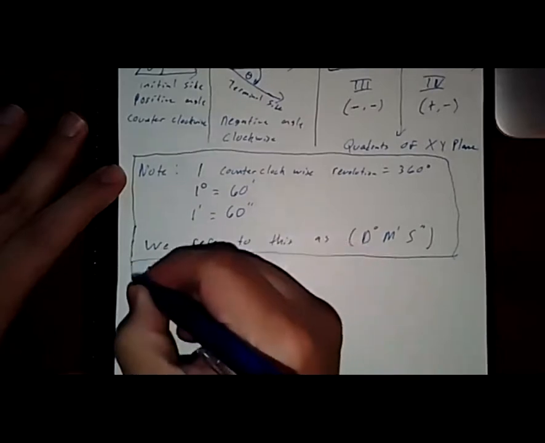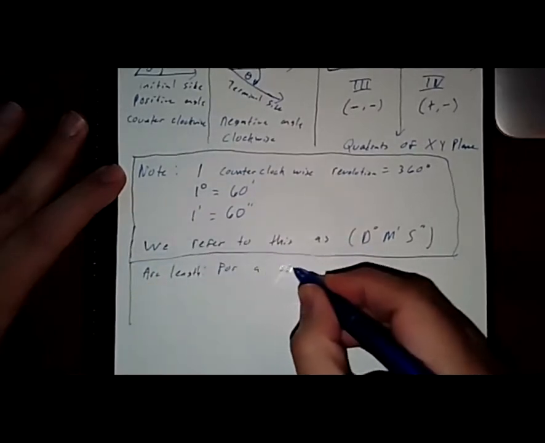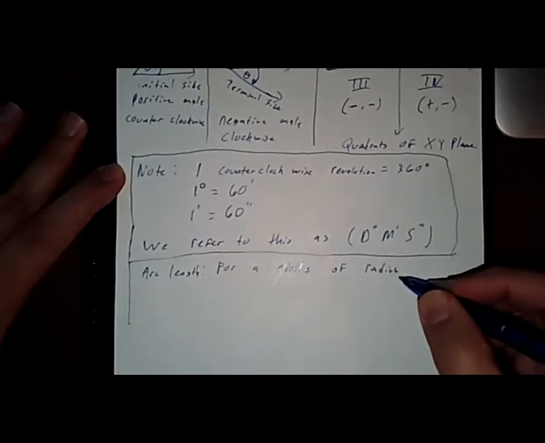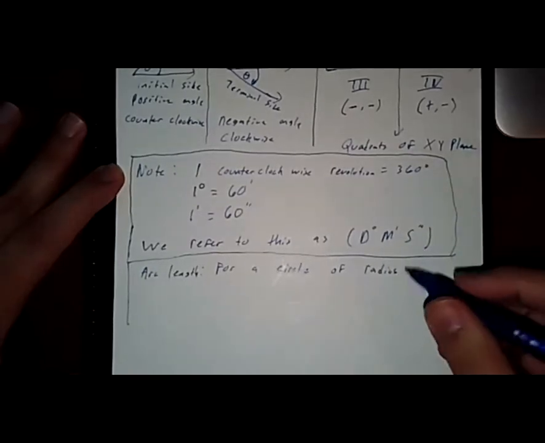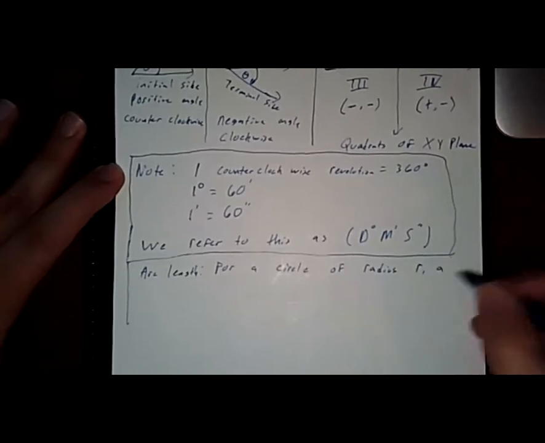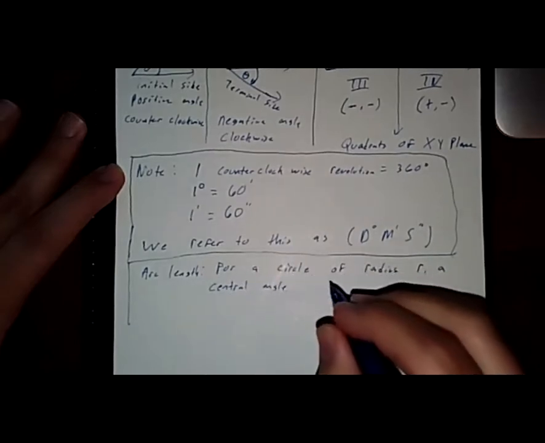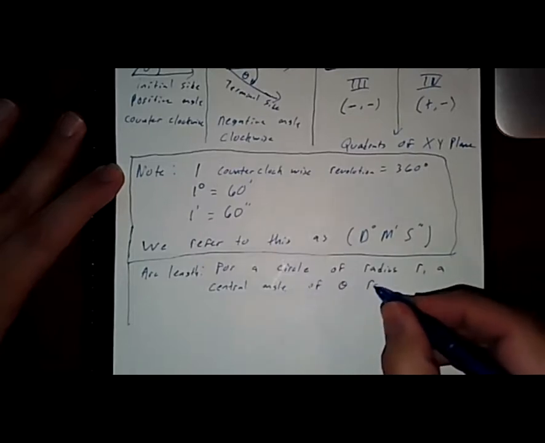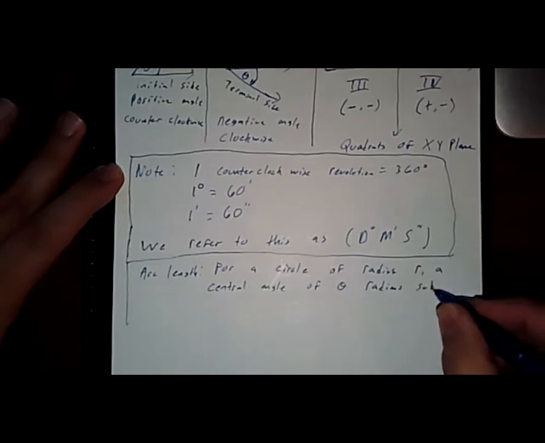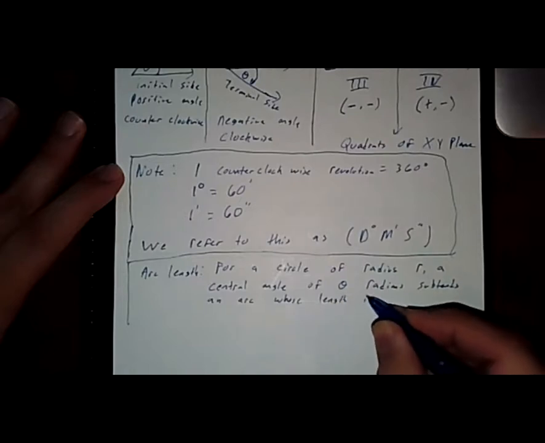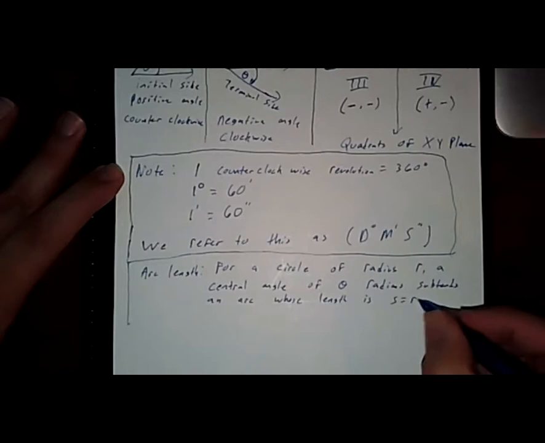Let's mention the arc length, which is going to come up in a bit. For a circle of radius, I would just call it R, a central angle of theta radians subtends an arc whose length is S equal to R theta.